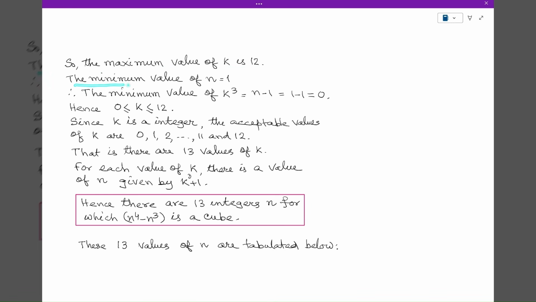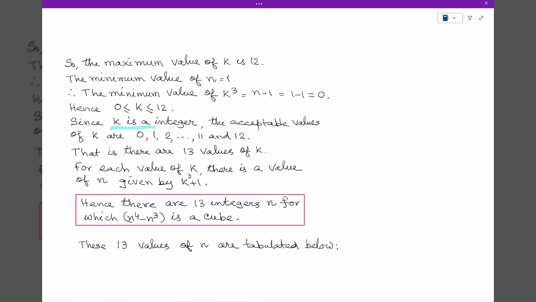The minimum value of n is 1. Therefore, the minimum value of k^3, which is equal to n - 1, is 1 - 1, which is 0. So, 0 ≤ k ≤ 12. We have found the upper bound and lower bound for k, which are 0 and 12.